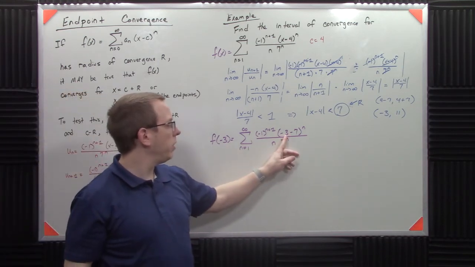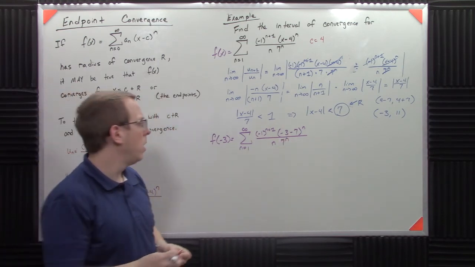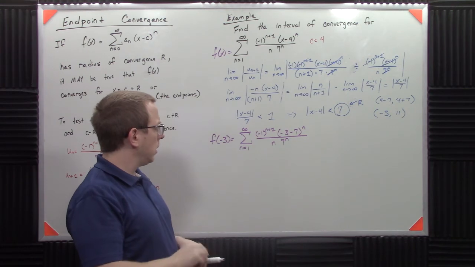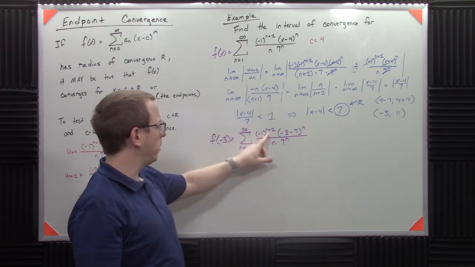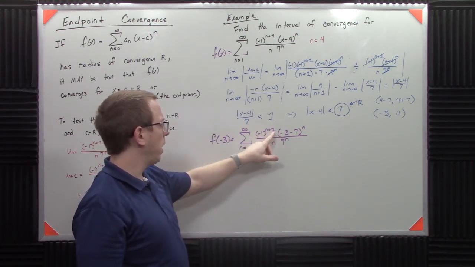So if I plug in -3 and go there, now I have to be careful. How do I do this?